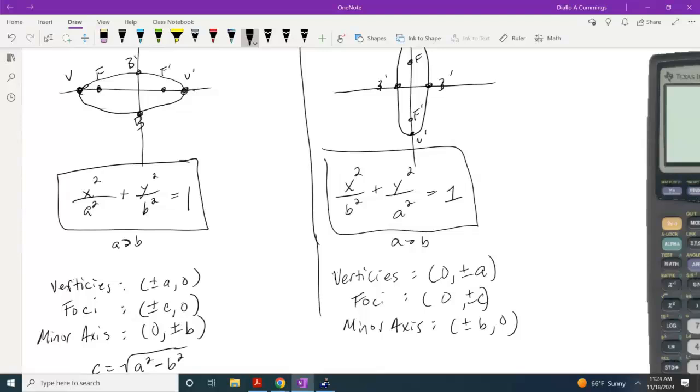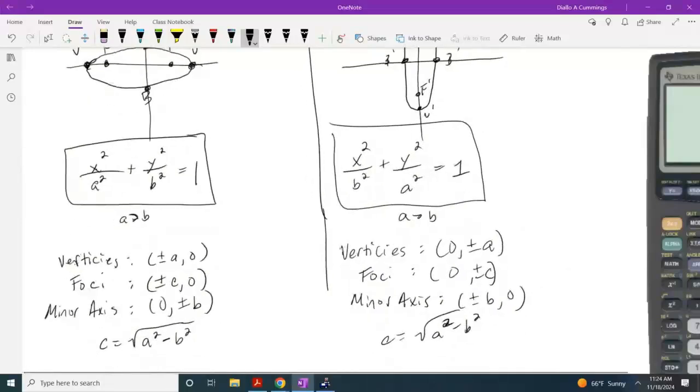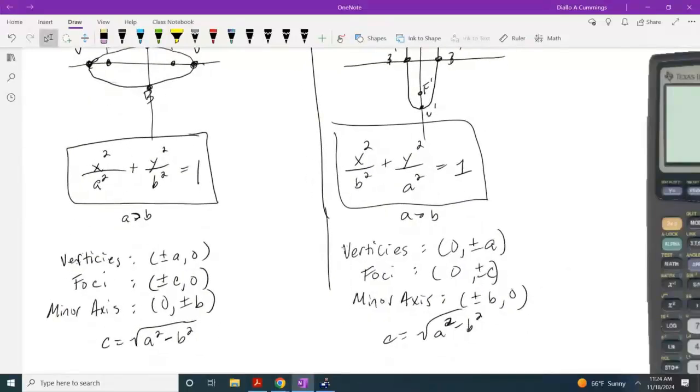And then we have our formula for c. c is equal to the square root of a squared minus b squared. So these are just the basic formulas for ellipses that are centered at the origin.